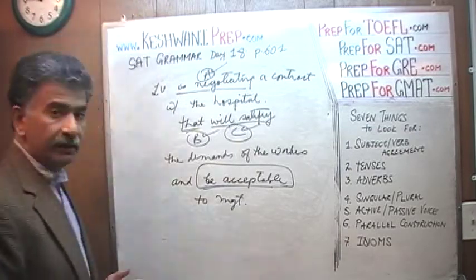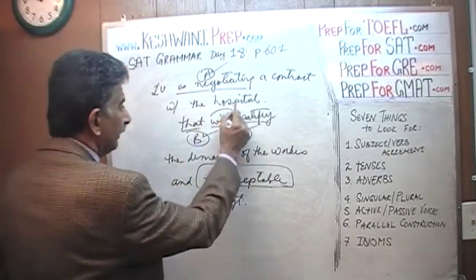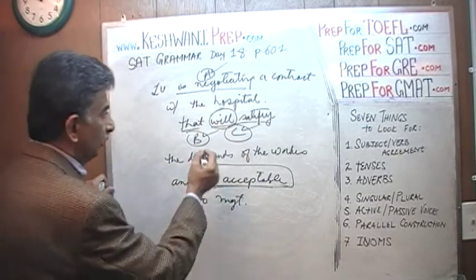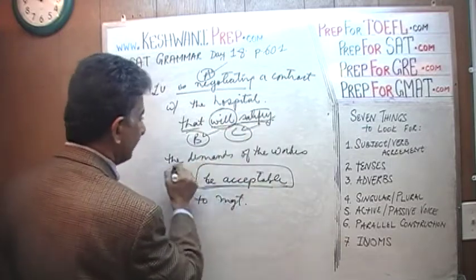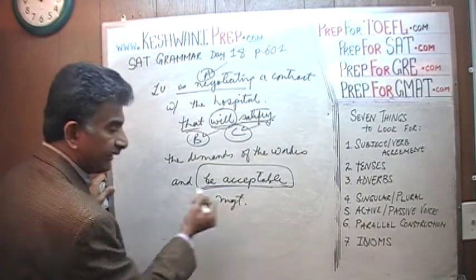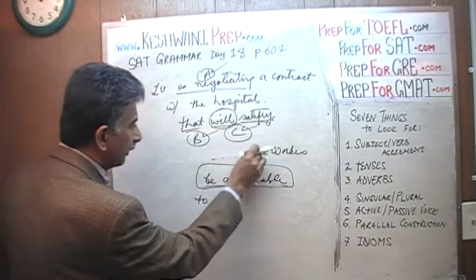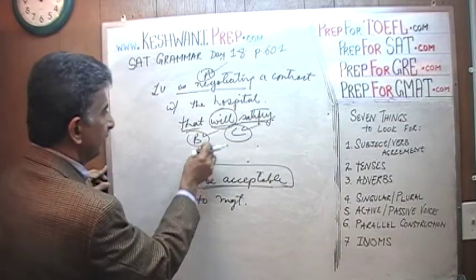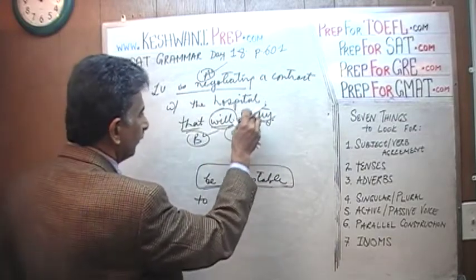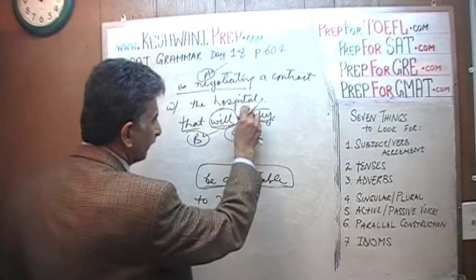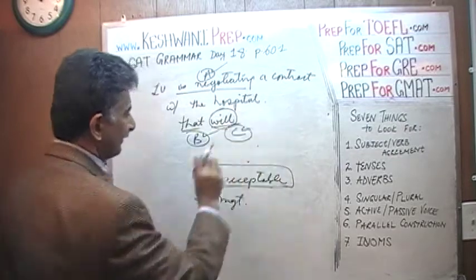We have two things going here, and this will belongs not only to the first part, satisfy the demands of the workers, but also to the second part. In other words, if you cross out that part, now it reads like this.